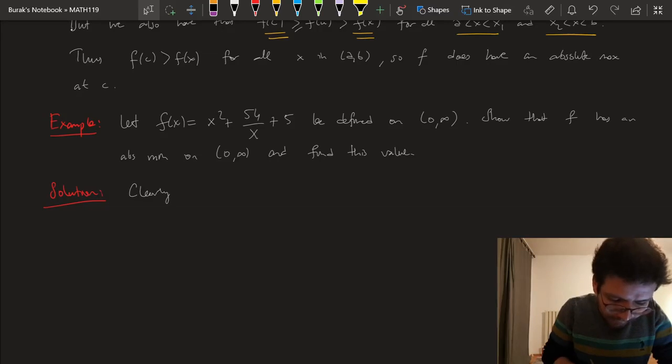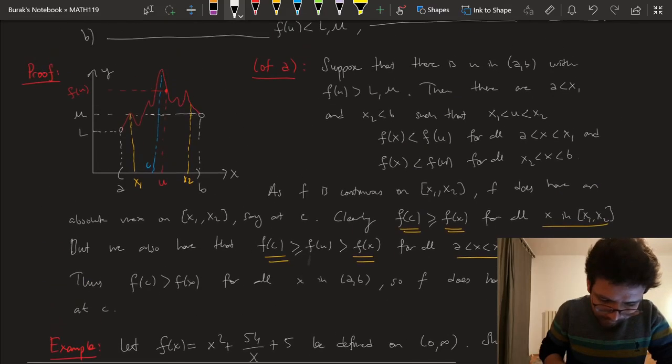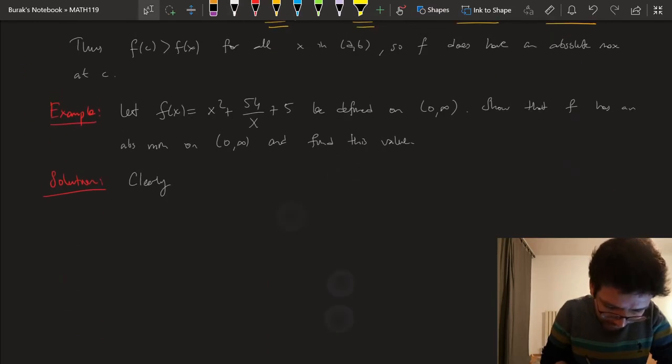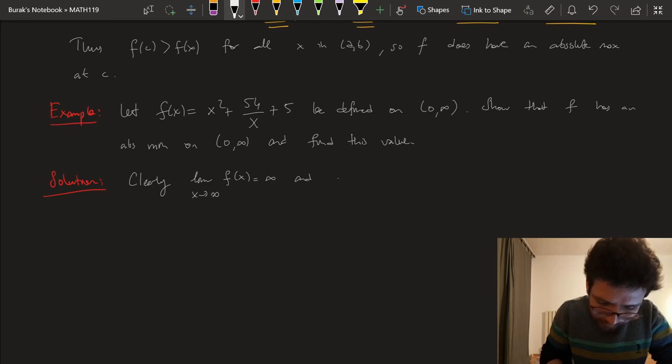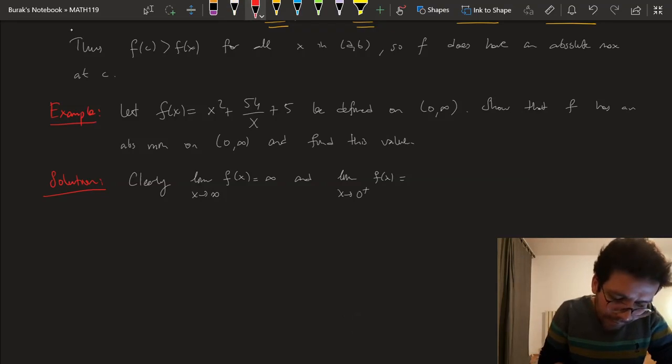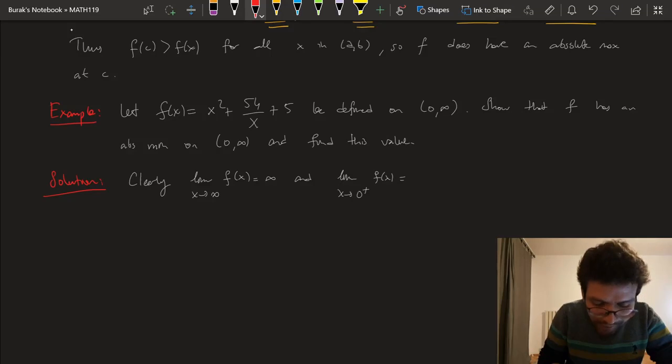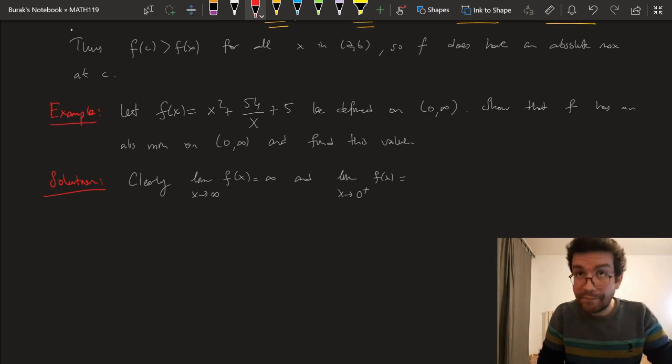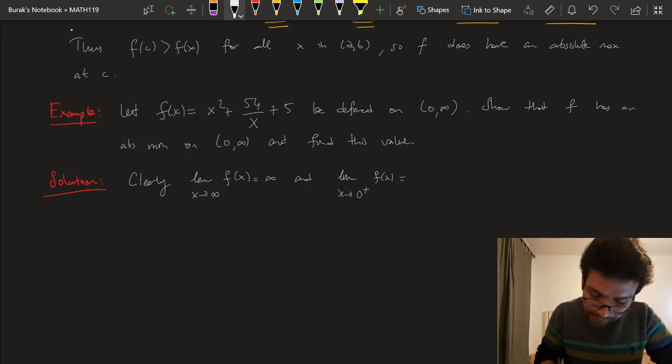Clearly, the limit of f at infinity is infinity, and the limit of f at 0 from the right is, when x tends to 0 from the right, this term goes to 0, this term goes to 5. Well, 1 over x goes to plus infinity. You multiply it by 54, that's fine, it's going to go to plus infinity.